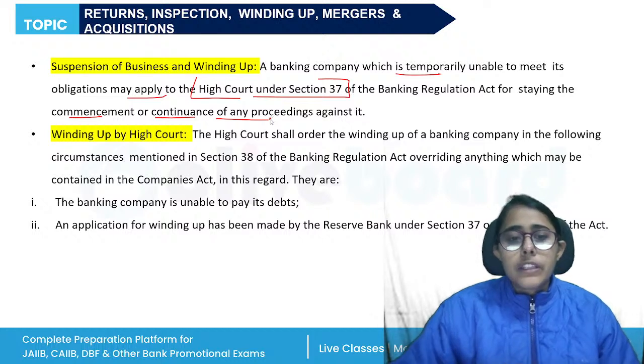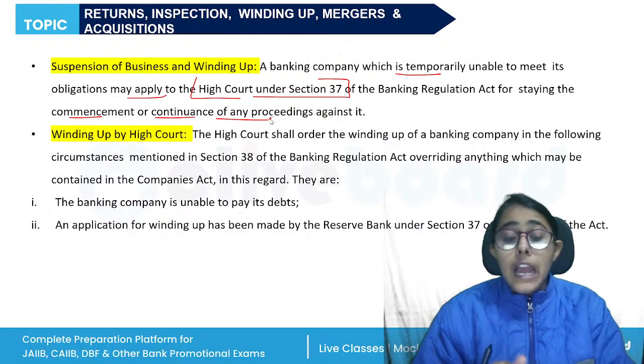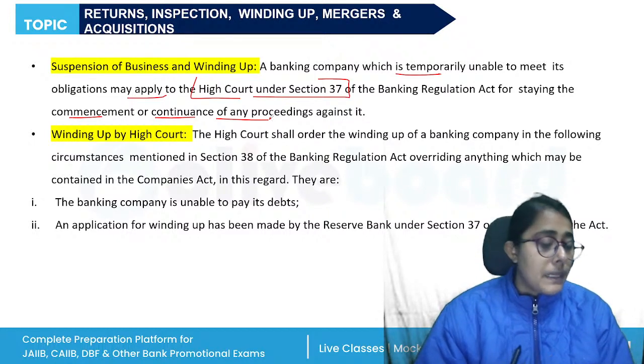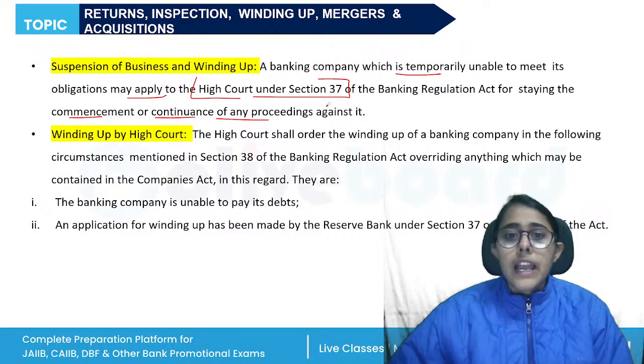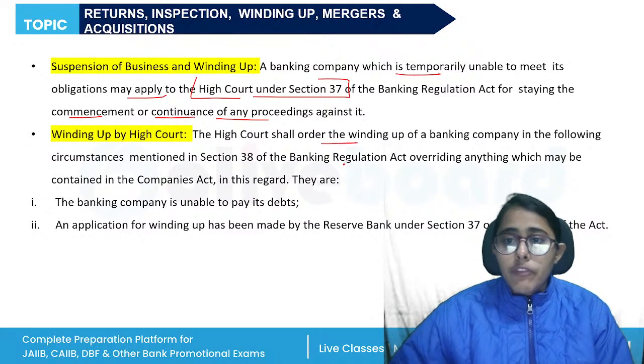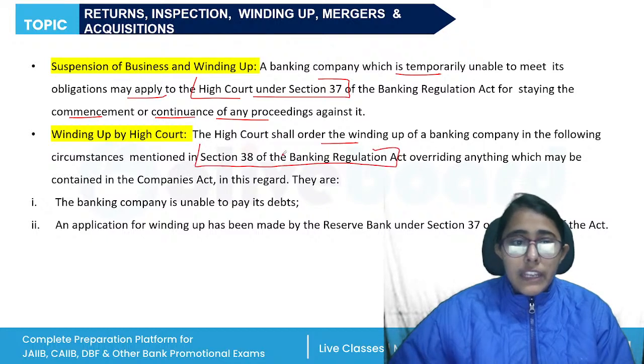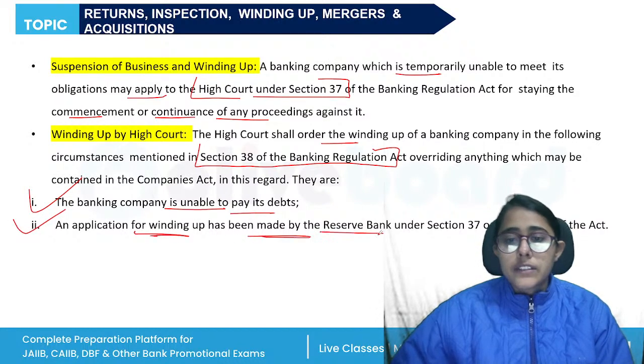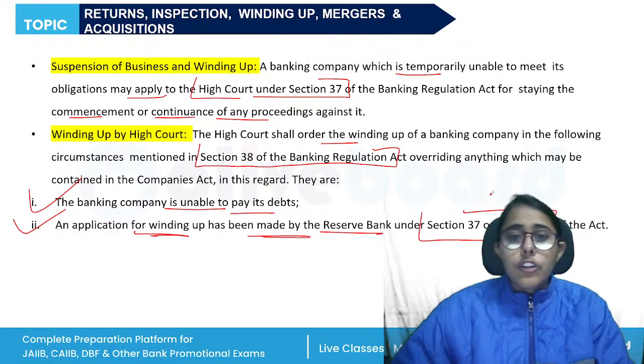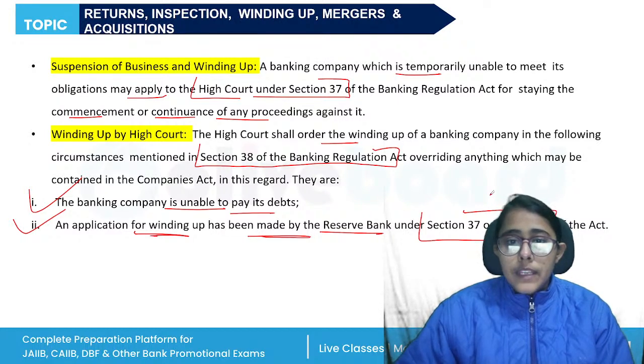If we talk about the winding up of the banking company by the High Court, the High Court shall order the winding up of a banking company, as given in Section 38 of the Banking Regulation Act, if the banking company is unable to pay its debts or an application for the winding up has been made by the Reserve Bank under Section 37 or Section 38 of the Act, right?